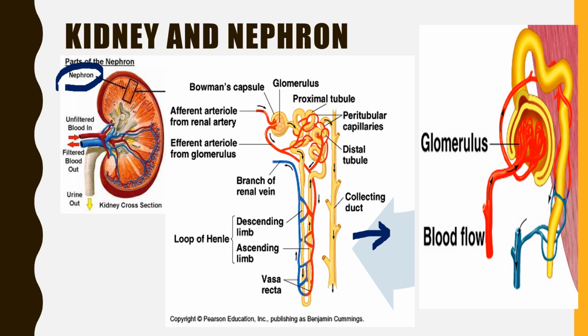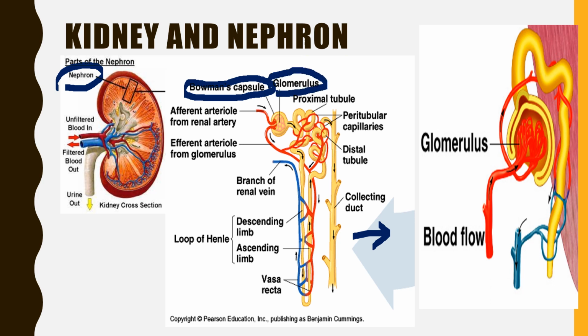The nephron consists of a cup-shaped capsule which is called the Bowman's capsule. The Bowman's capsule takes in capillaries from an arteriole, and this mass is called the glomerulus.